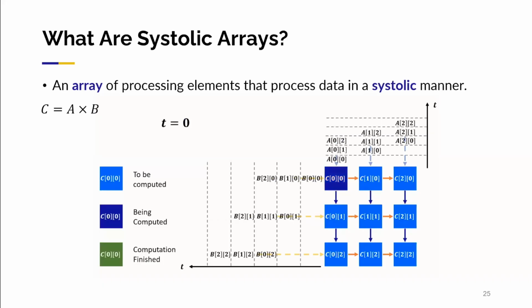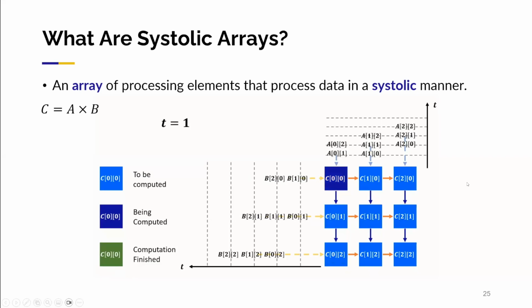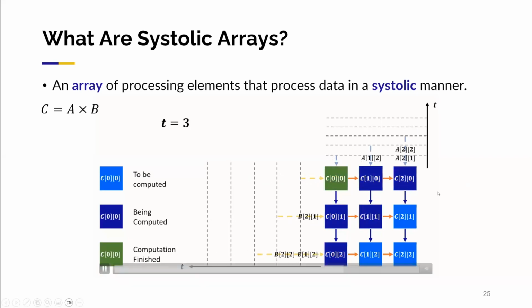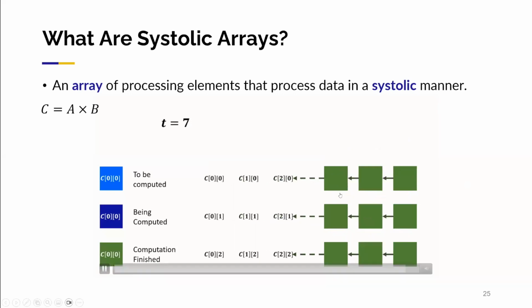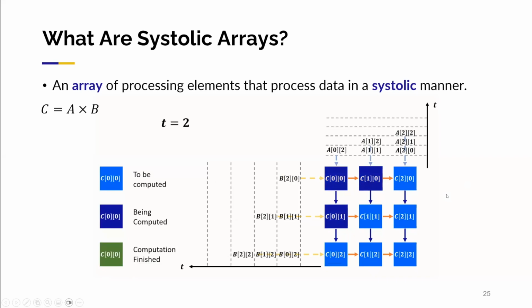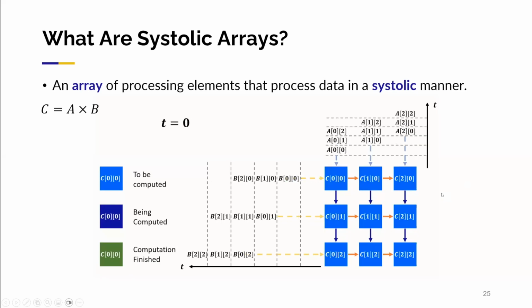So the second part is our work on design space exploration for systolic arrays. Many of you are probably familiar with systolic arrays, but just a recap. A systolic array is just an array of processing elements that process data in a systolic manner, as shown in this figure. This will perform 3x3 matrix multiplication, and each PE will represent one of the output data of the output matrix.